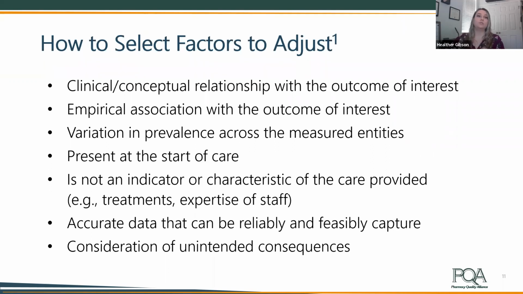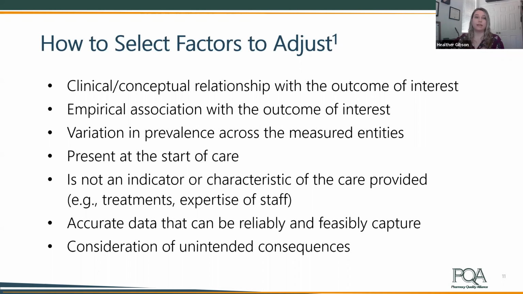And again, we need to ensure that the factors we adjust for are those that are present at the start of care, and that they're not indicators or characteristics of the care that's provided, such as treatment or expertise of the staff. We also need to ensure that the data representing a factor is accurate and can be reliably and feasibly captured.